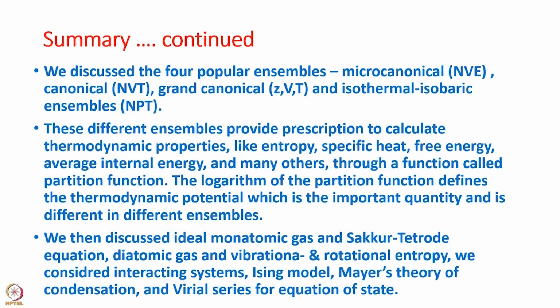This is actually some kind of fitting to experimental data, but at the end you find a very important quantity, which was introduced from imagination, that two molecules interact, but we had no way to know what is the interaction potential between them. But Mayer's theory and the expression for virial coefficients allowed us to map and get the intermolecular potential.